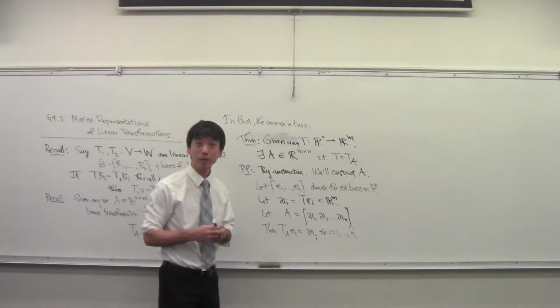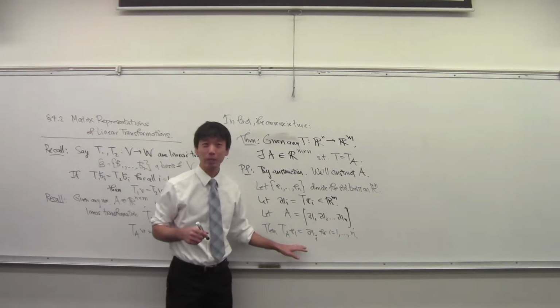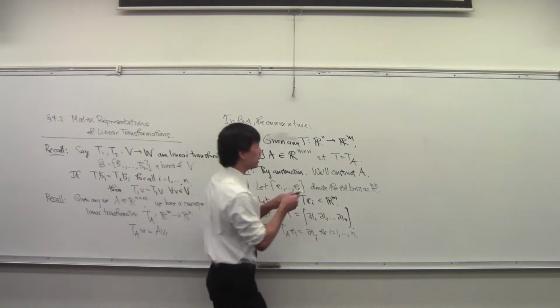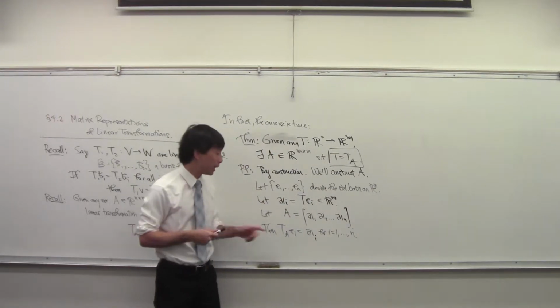So we're done. Can anybody explain to me why we're done? Why have we found what we wanted? We wanted a matrix so that T and T sub A were the same. We've just found a matrix.